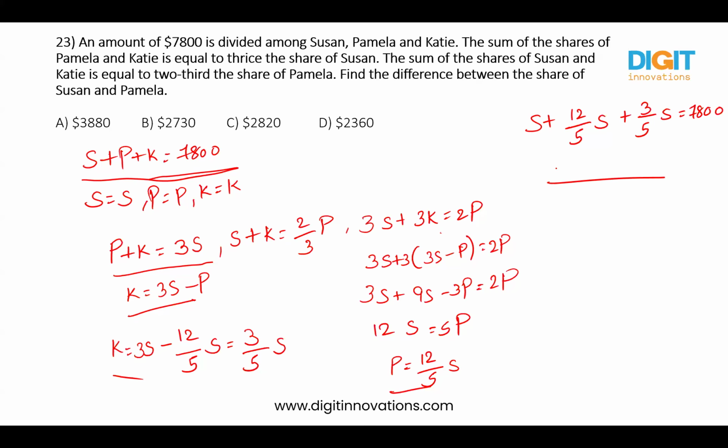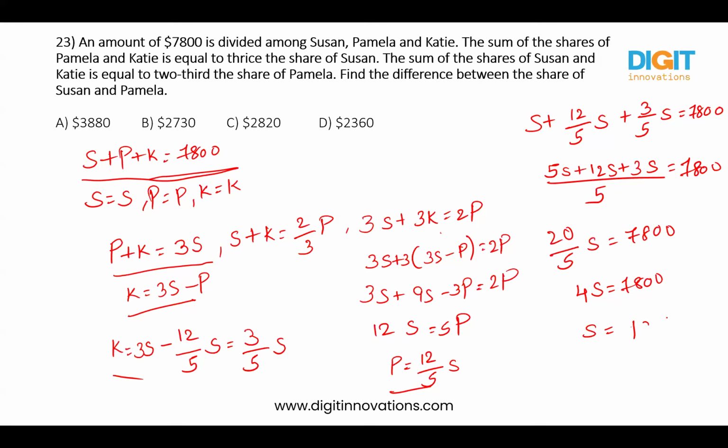So 5S plus 12S plus 3S equal to 7,800 by 5. Total 20S by 5 equals 7,800, so S equals 1950. So this is the S value.